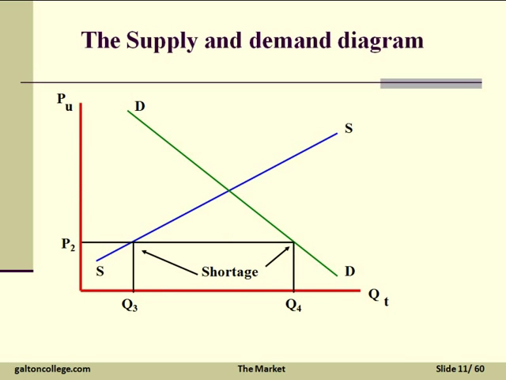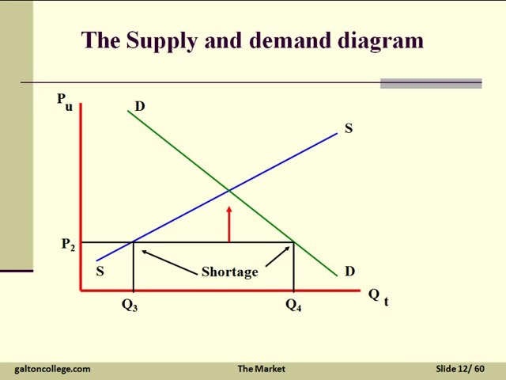Now if there's a shortage, the consumers will bid up the price because the consumers want it. So they will bid up the price, and as the price rises, it'll lead to a cutback in demand. As the price rises, the demand will fall, the goods becoming more expensive. But also as the price rises, the supply will increase.